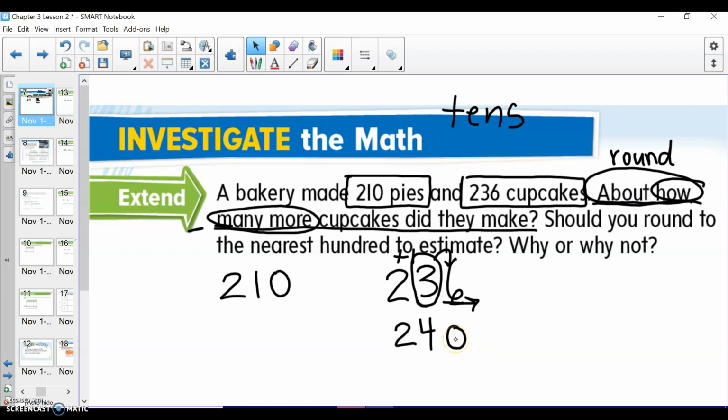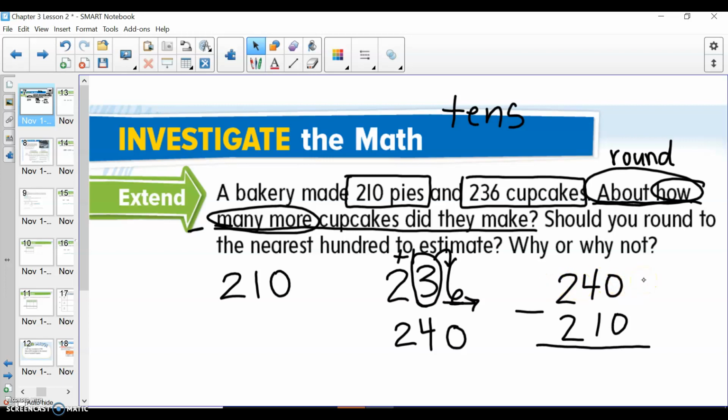So now we come back up and we say, about how many more cupcakes did they make? Well, I need to subtract. So I'm going to subtract 240 minus 210. By the way, just a reminder as we're just getting into subtraction, your larger number always has to be on top in order to subtract.